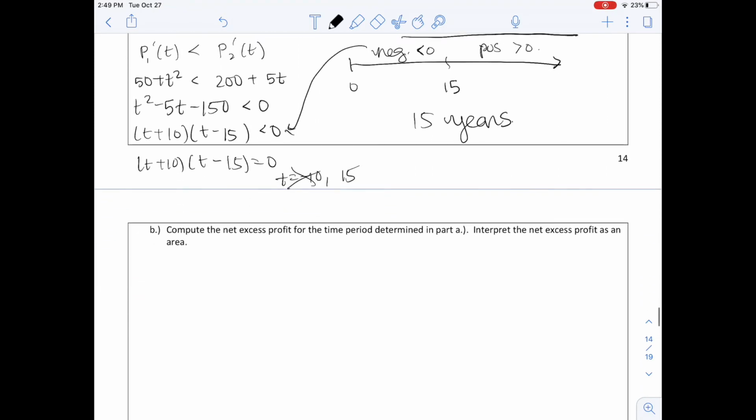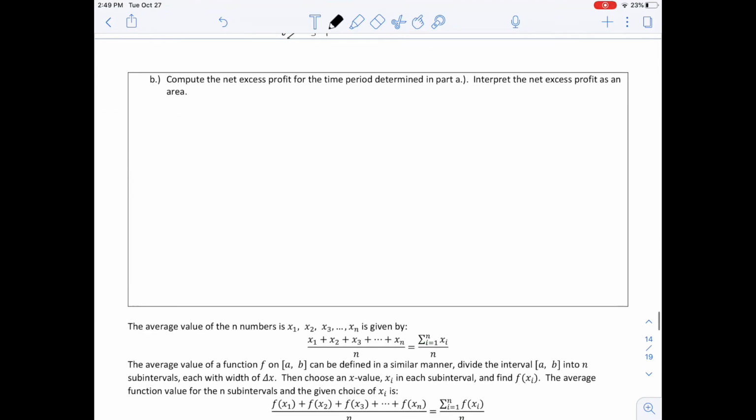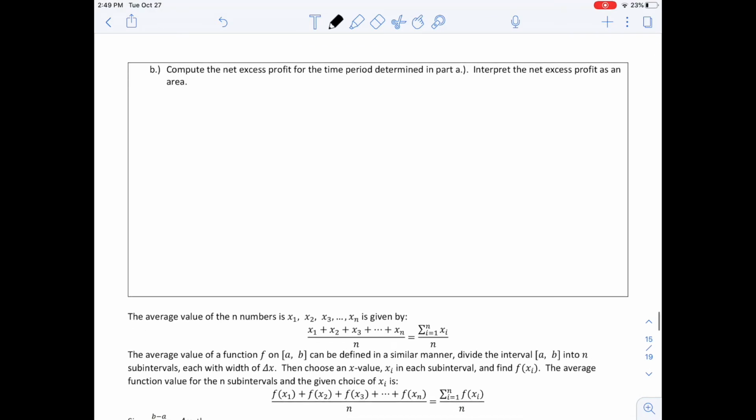Part B says to compute the net excess profit for the time period determined in Part A, and interpret the net excess profit as an area. So the first thing we need to do is compute the net excess profit. In order to do that, we need to come up with our equation, which is E of t, our profit 2 of t minus P1 of t, or taking the derivatives of each of these.